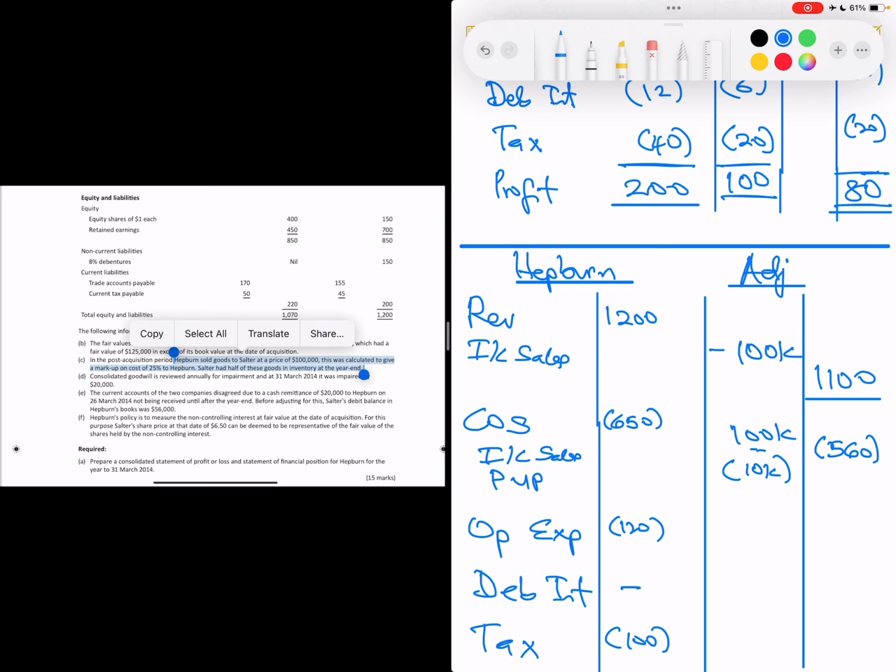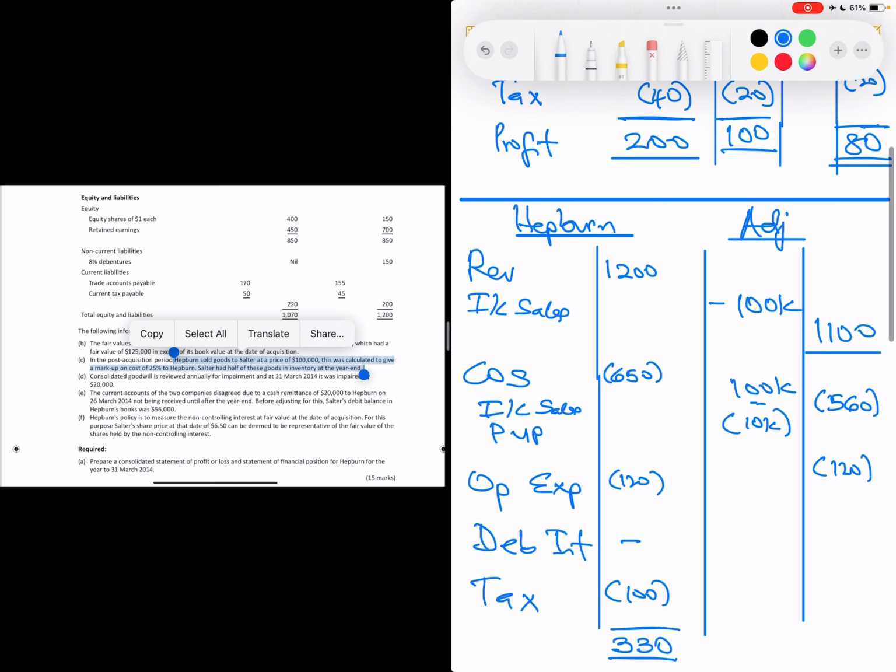For operating expenses of 120, it remains the same because we know goodwill has been treated under subsidiary adjustment. There's no interest on debenture, so it stays as it is, and taxes remain as 100.